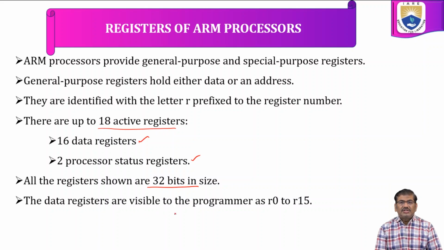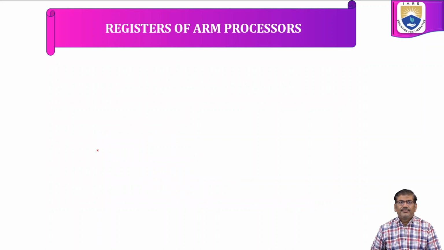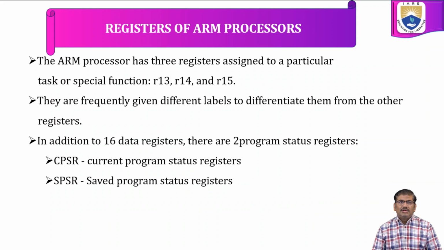The data registers are visible to the programmer as R0 to R15, that is 16 registers. Out of these 16 registers, 3 registers are assigned a particular task or specific function. The registers R13, R14, R15 are reserved for that.